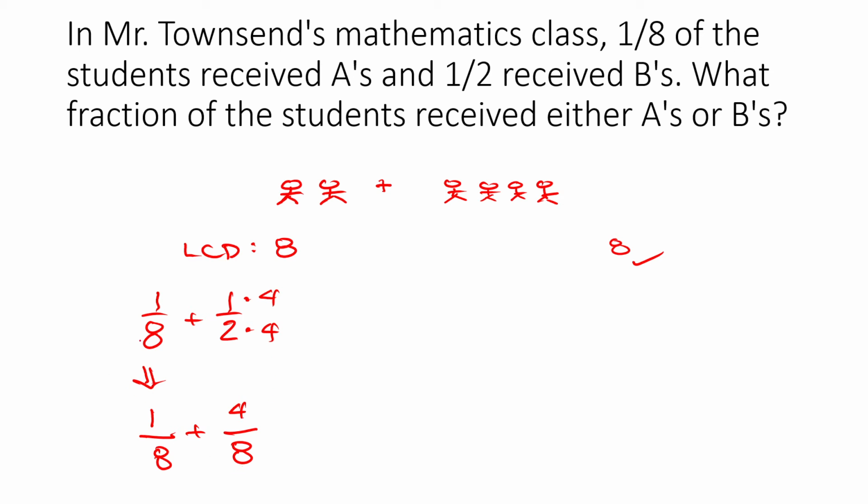So now we have 1/8 plus 4/8. Now we simply add the numerators, 1 plus 4, and keep the denominator as is. 1 plus 4 is 5. The denominator stays the same, so we have 5/8.